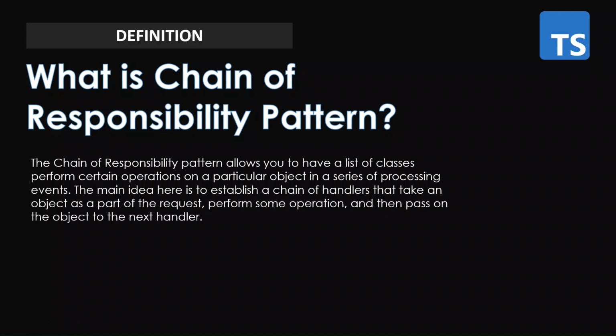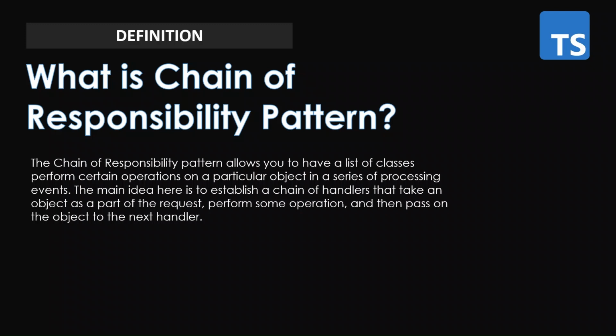So let's say you have a list of classes and some certain operations that you are doing on a particular parameter or an object you are passing. So what you will do is, you will write dot handler and dot next and dot this dot that, like this you can do. This is the chain of responsibility, but not directly, we will see while writing the code.